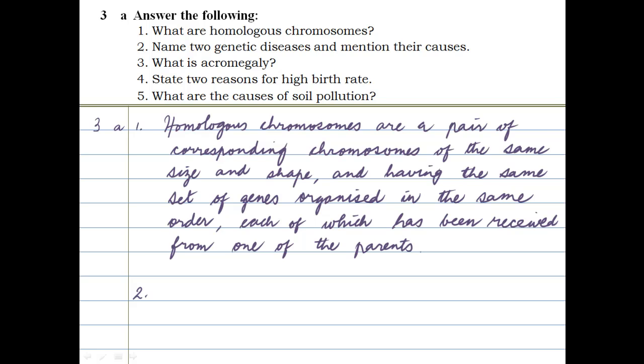So let's take hemophilia. Now, don't start straight away with hemophilia. Okay, you can mention genetic diseases. Okay, you can put down the first one is hemophilia. Now, what does it cause? Now, what happens in it is that the blood does not clot.